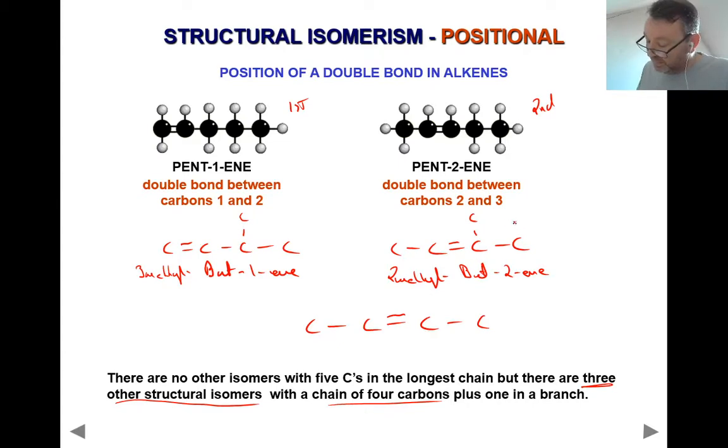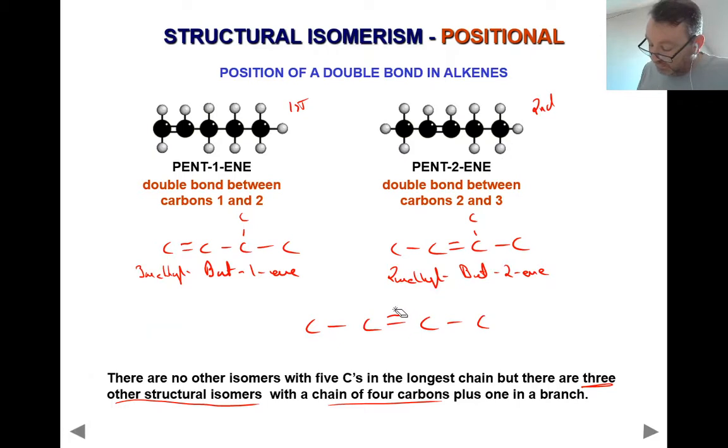If I put it back there, I'm going to end up again with pent-2-ene, so I can't put it at the end. Plus 1 branch. Let's see. Yeah, I suppose take that double bond from here. Just takes me a minute to see it.